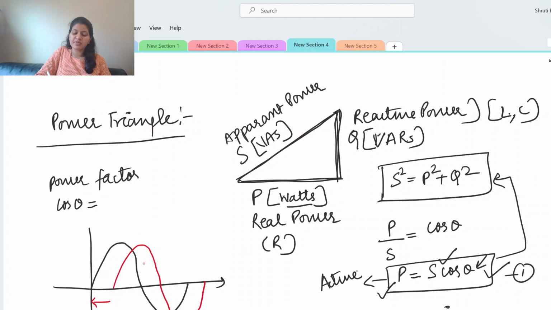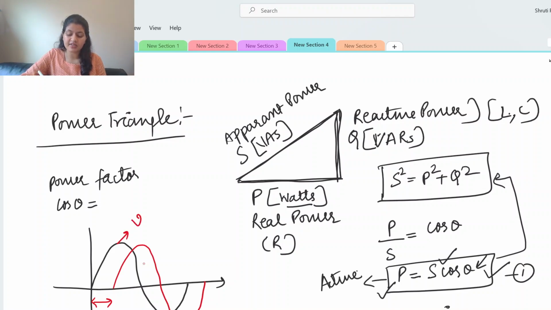So the difference between these two, that theta angle, this angle is the power factor angle, and the cos of this angle theta is the power factor. Okay, so this is also one of the important components.